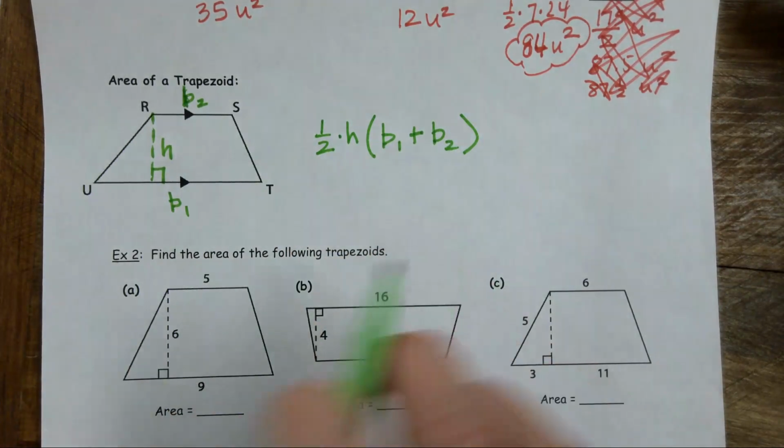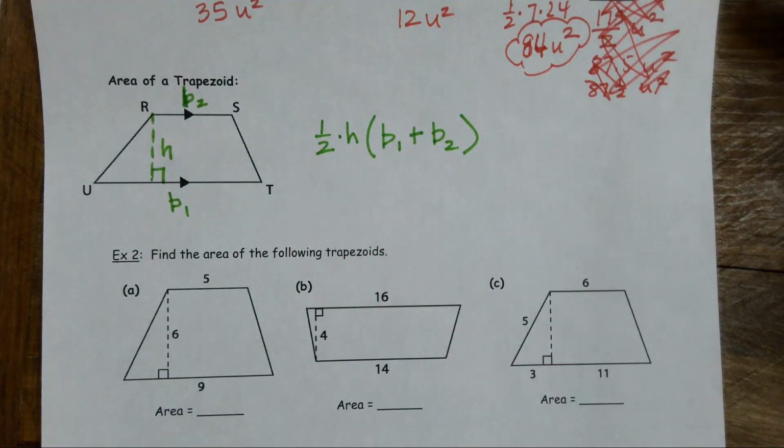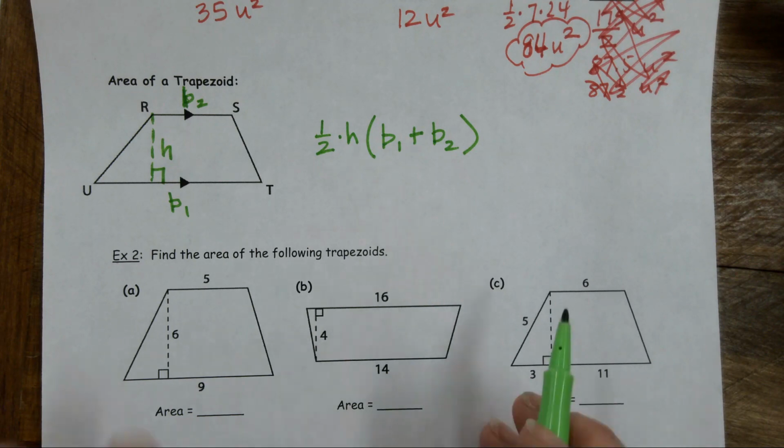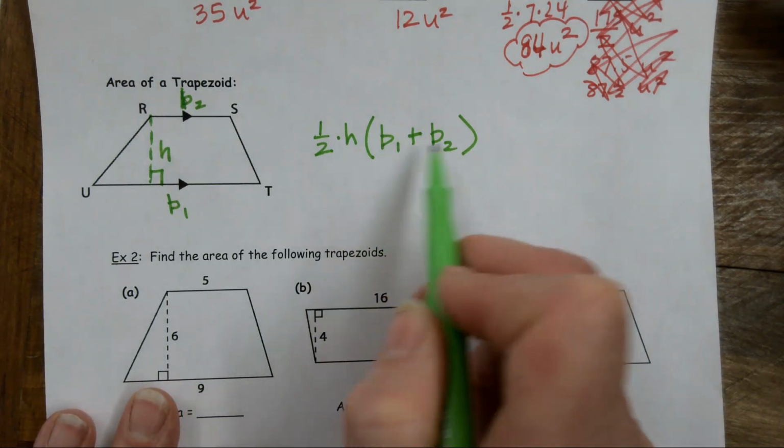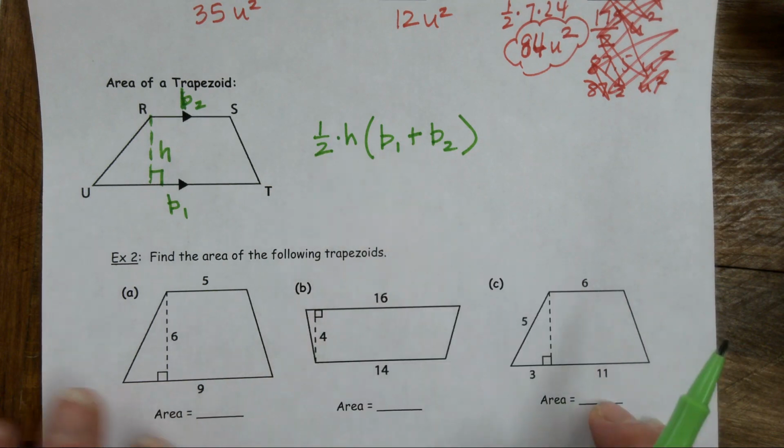Basically what you're doing is you're averaging the bases and multiplying it by the height. That's what the base 1 plus base 2 divided by 2 part is. That's the average of the bases, half of that, and then times the height. So it's similar to a rectangle or a parallelogram, base times height formula. It's just that we have two different length bases, so we have to average those together.